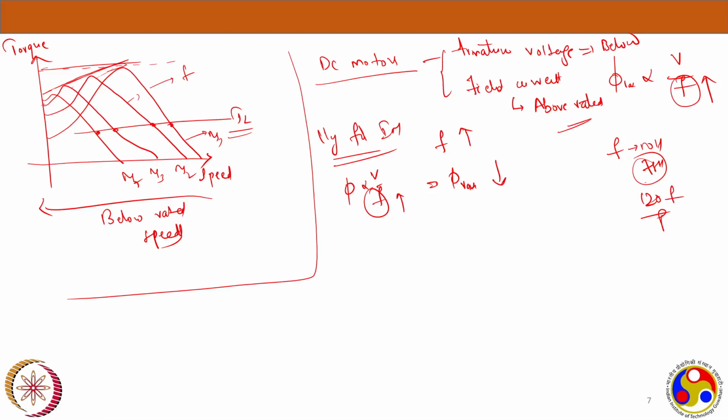Your motor will have less rated flux, and then the magnetizing current will also be reduced. You will see flux will be reduced. There is no problem of saturation. Now if I am increasing the flux, your voltage should be increased.